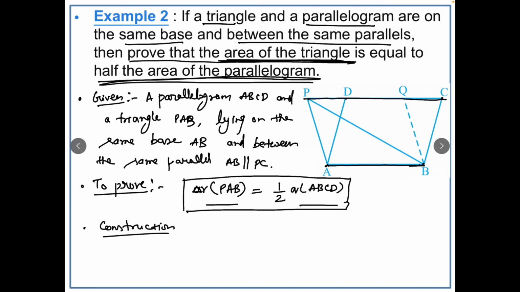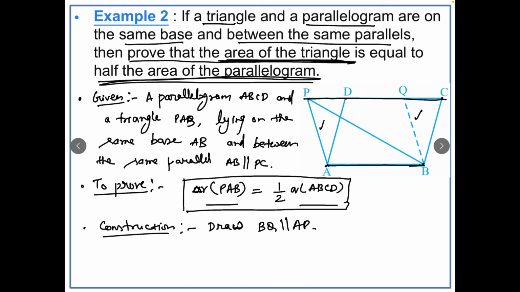What we are going to do is draw a line BQ, which will be parallel to the line PA. Construction: draw BQ parallel to AP. Okay, we have drawn this line segment BQ, which is parallel to AP.